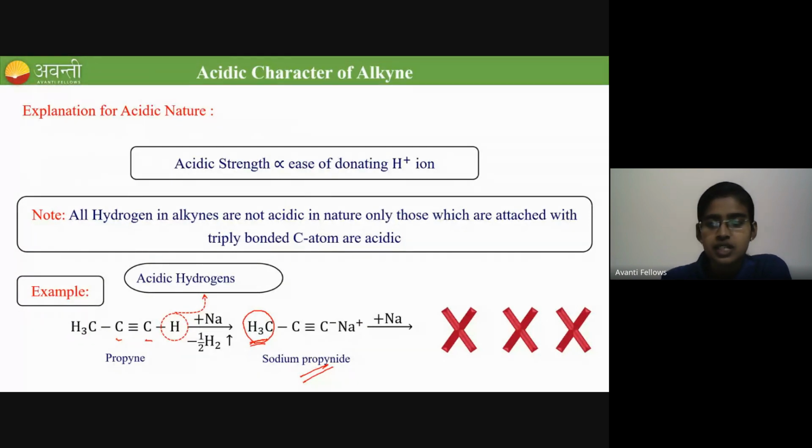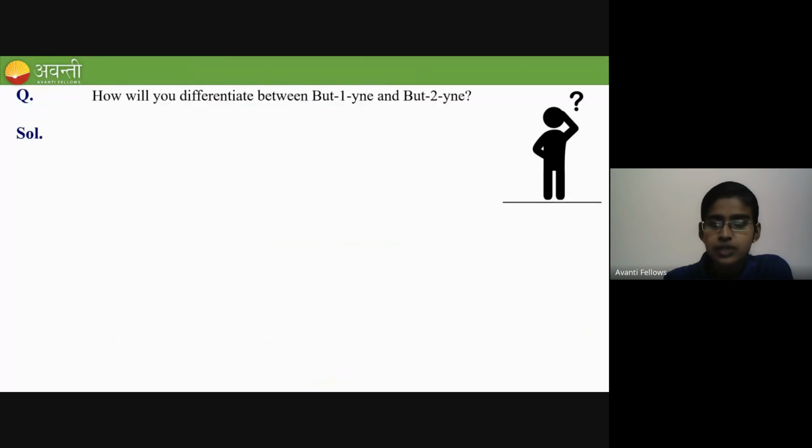Now let us do one question. How will you differentiate between but-1-yne and but-2-yne? Can anyone try the answer for this? You should know how to draw the structures of these two compounds first, and then only you can find out the answer.